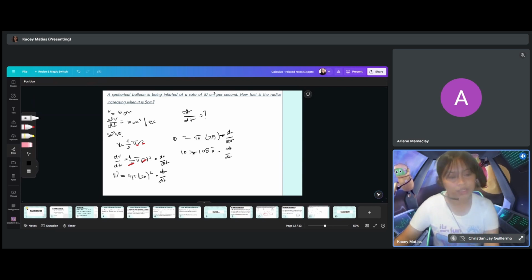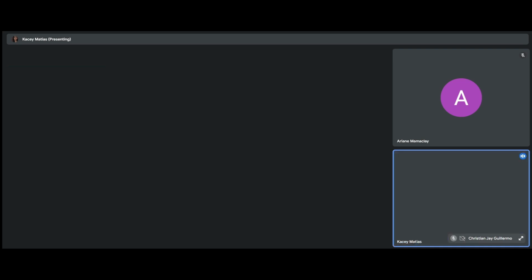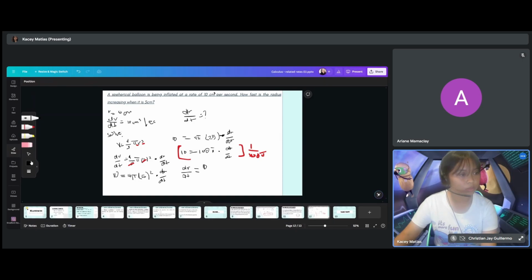So, para ma-cancel natin si 100 pi dito, gagawin natin siyang 1 over 100 pi. Then, lipat natin si dr over dt sa pinakauna. So, magiging 10.